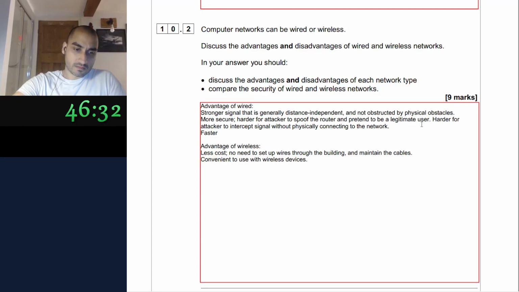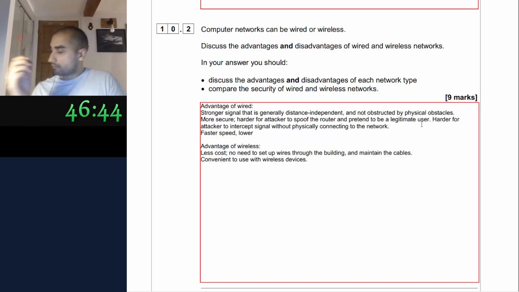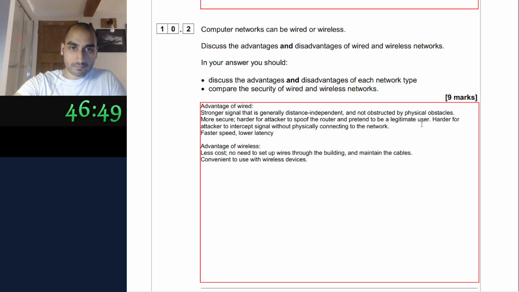Faster speed, lower latency. I mean, is that really true? Is there really a significant difference? I don't know. I don't work with cables. I don't work with this practical stuff. I just code.